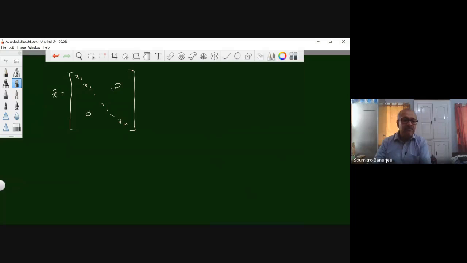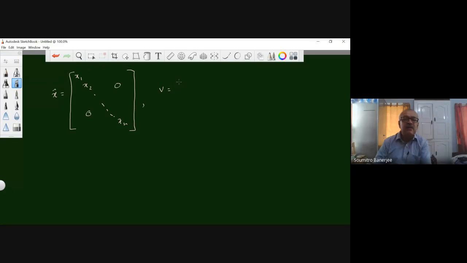Simple. Okay. Now this will appear in the V function, right? In the V function, we'll have this operator, and that has to be substituted by this.